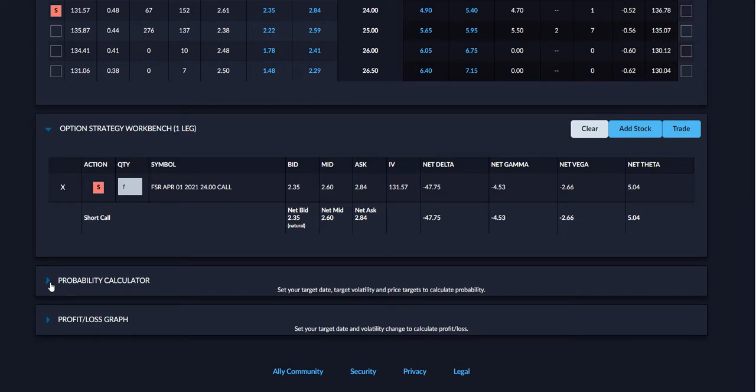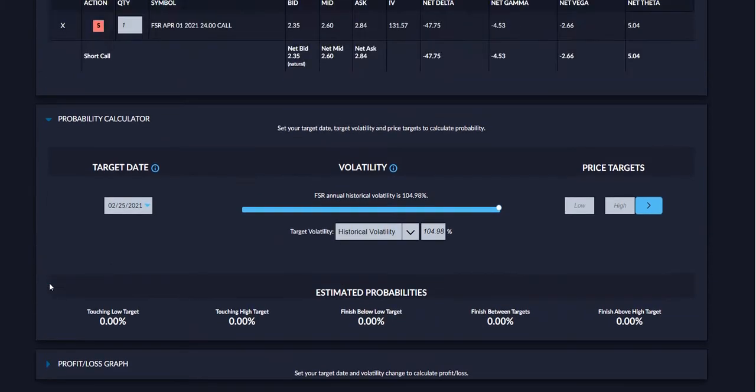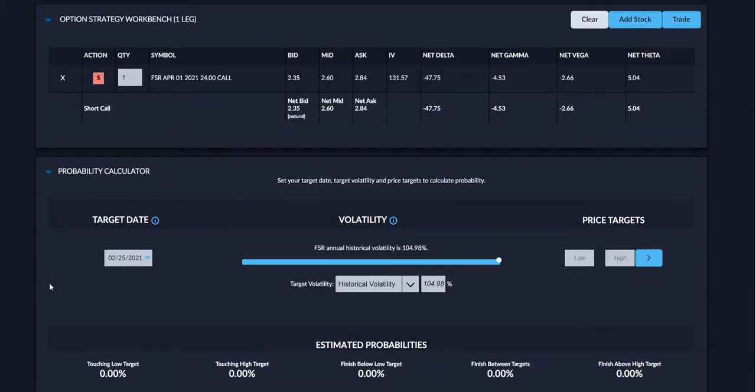Then you go down to the probability calculator. Now, right now, I'm doing this trade outside of market hours, so things may not be working as they would during the regular market hours. So you will come down here, it's the calculator that helps you see what's your probability of good or bad. You want to pick your target date, which is going to be April 1st.